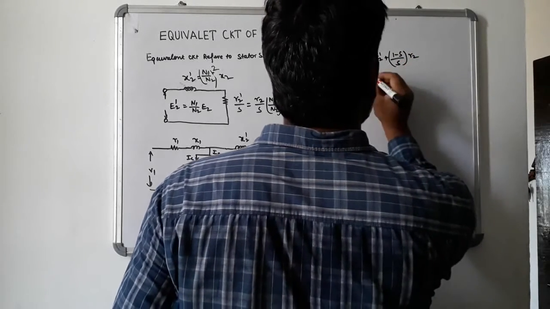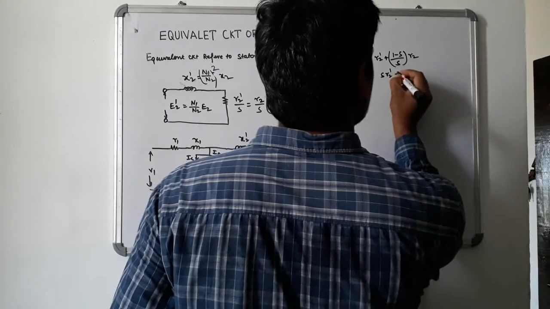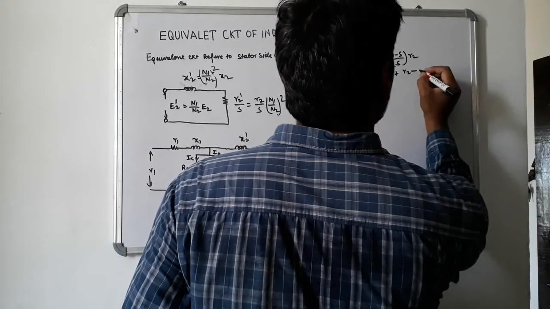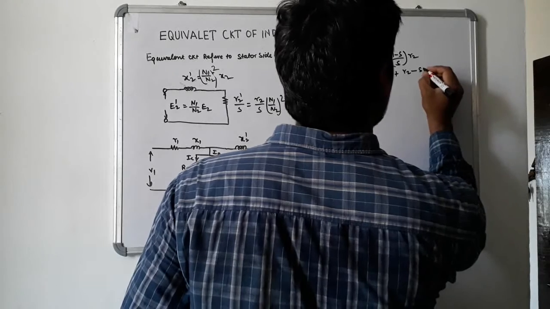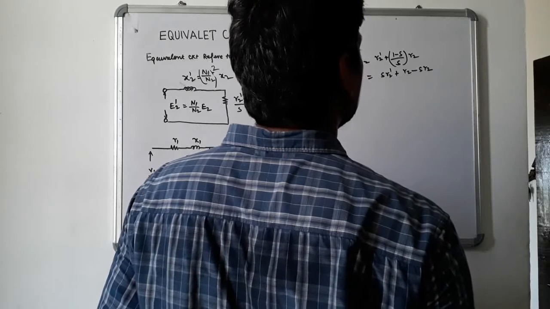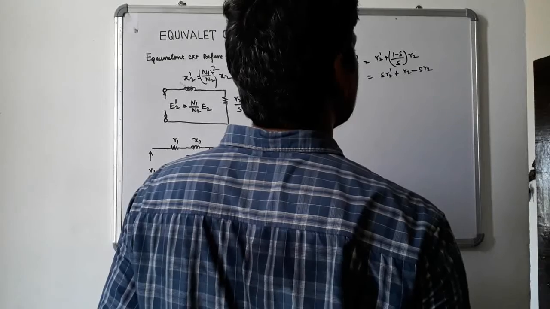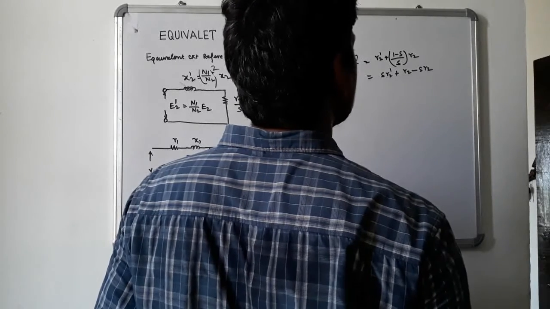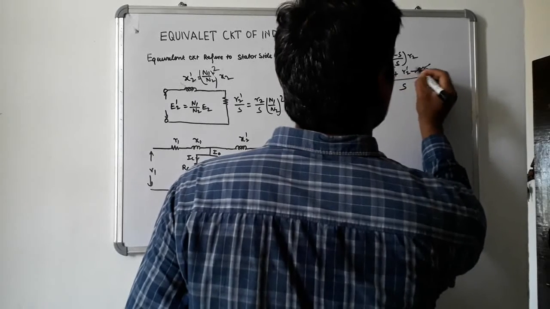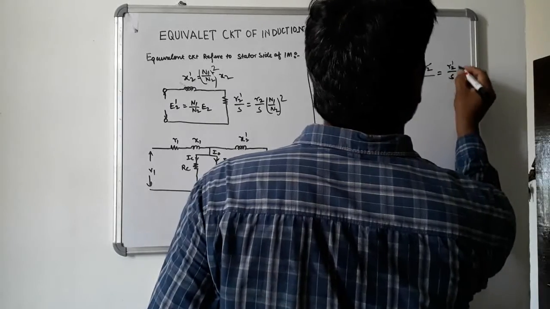That means if we rewrite it, it will be (S R2 dash plus R2 dash minus S R2 dash) divided by S, and this will cancel out, giving R2 dash divided by S.